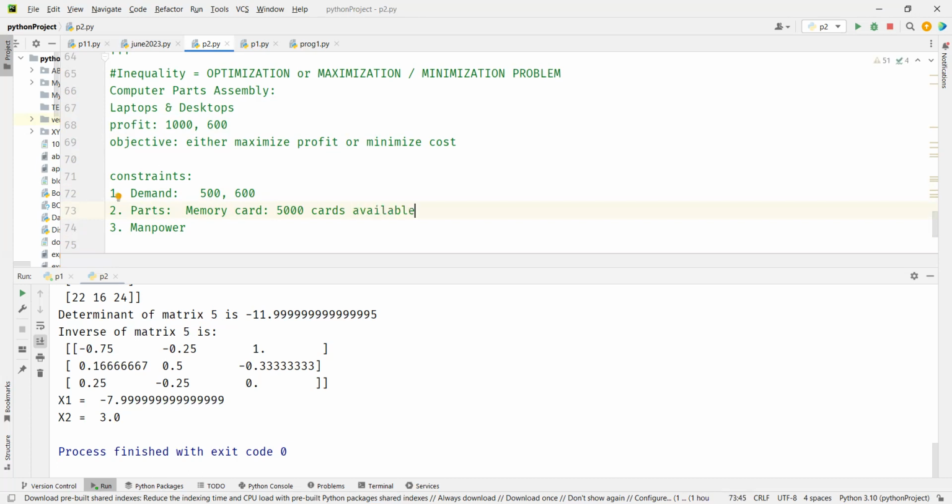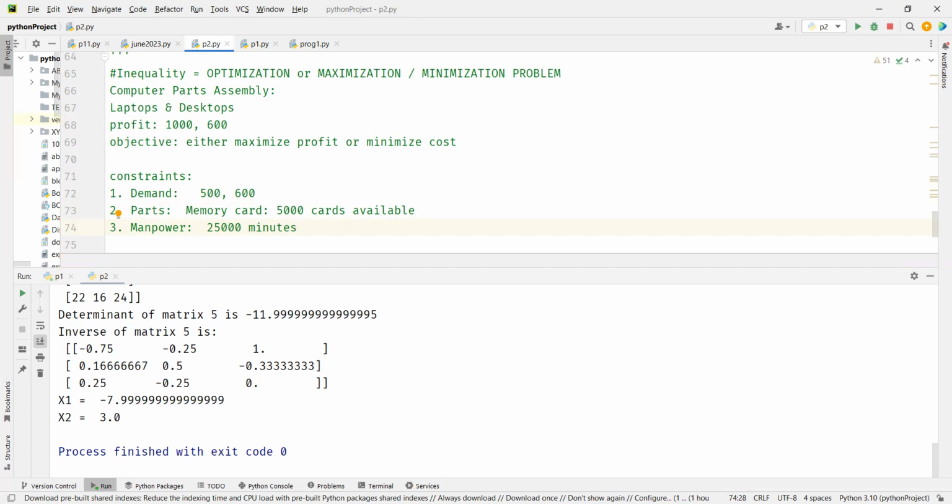The supplier will say we can only give you 5,000 cards. Manpower, you can calculate in terms of minutes or hours. Let's say you have only 25,000 minutes available overall, right? So these are the maximum things.